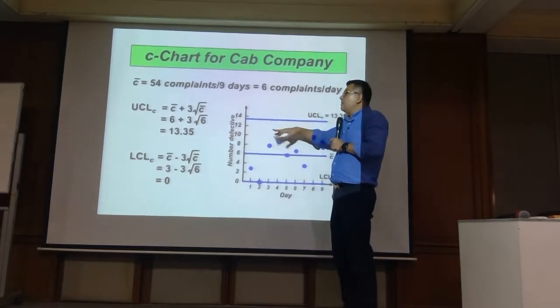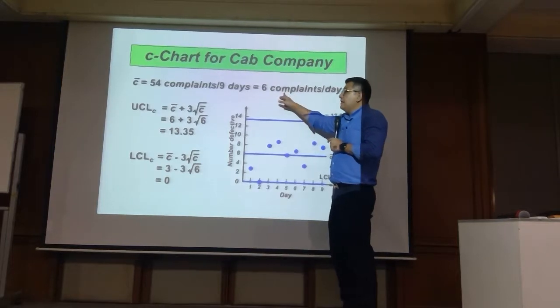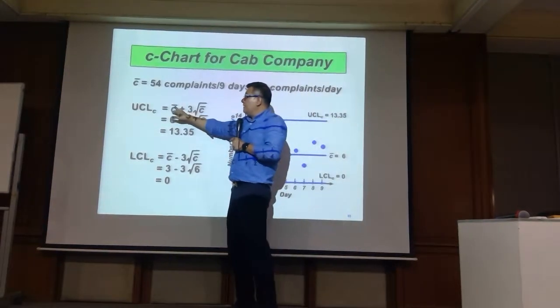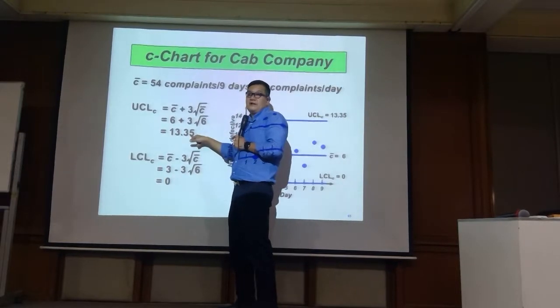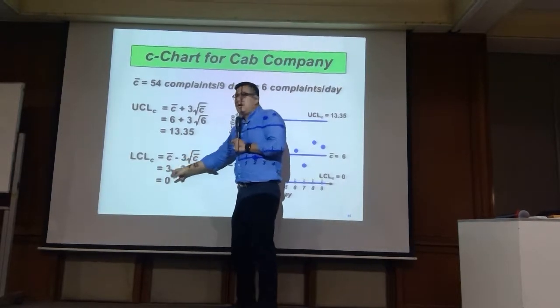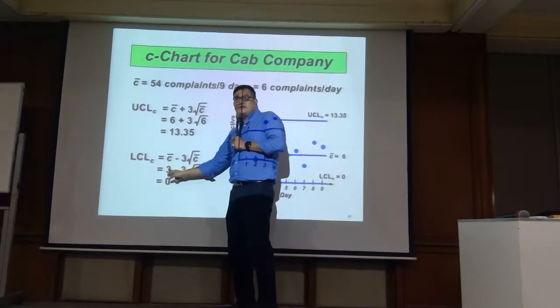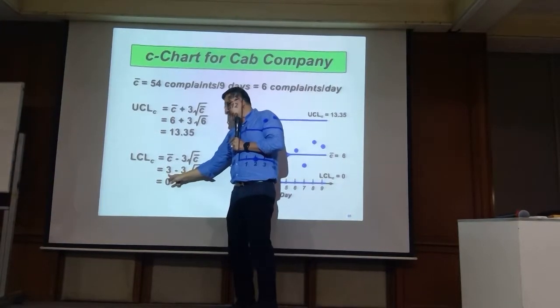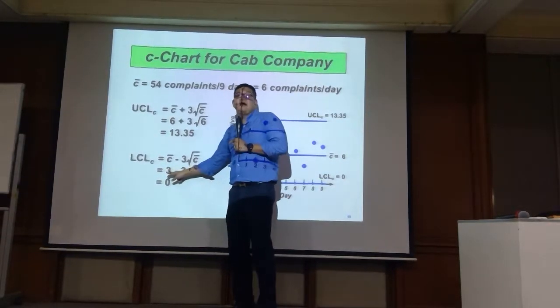Why are we using the C chart? Because it's complaints per day. We have 6 complaints, and then the upper limit is 6 plus 3 multiplied by the square root of 6. We have 13.35. How about the lower? This one is a typo, right? For the lower limit, this one is 6. Change this one to 6. 6 minus 3 multiplied by the square root of 6, you should have a negative value, right?